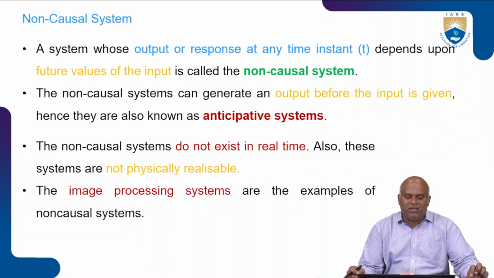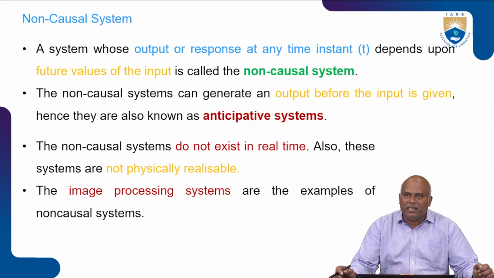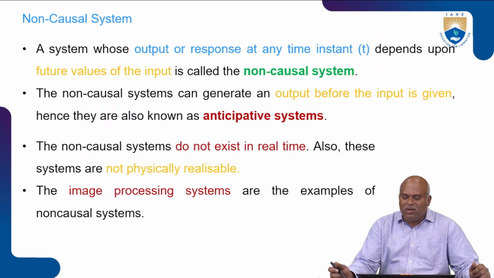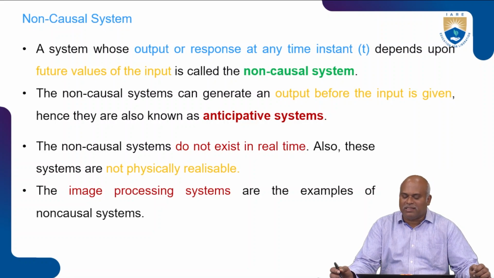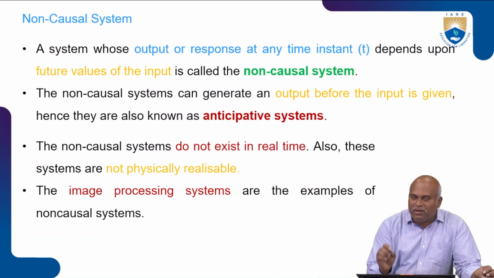Next case, the non-causal system. A system whose output response at any instant of time t depends upon the future value of the input is called a non-causal system. So what is the future value?